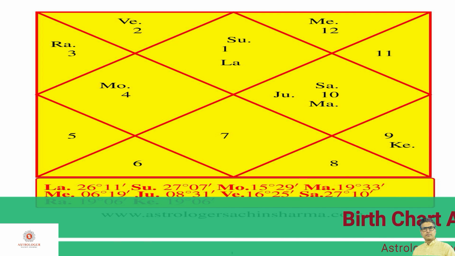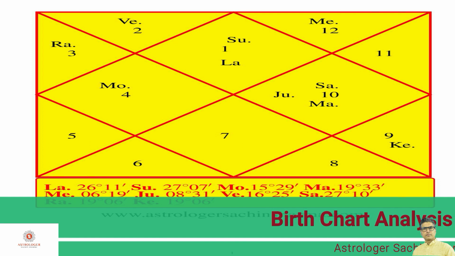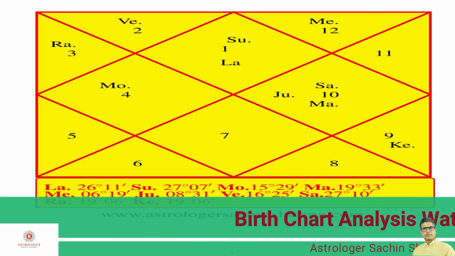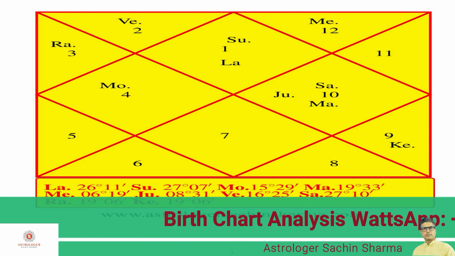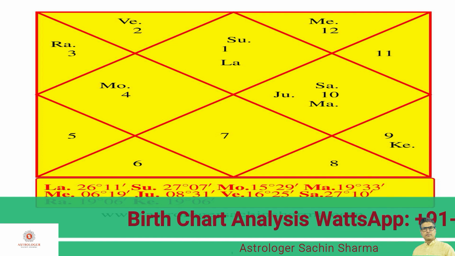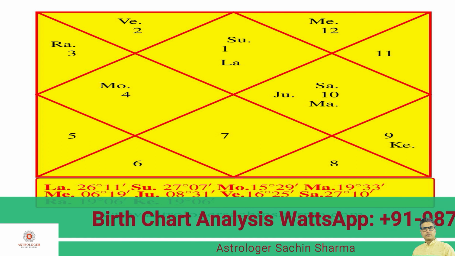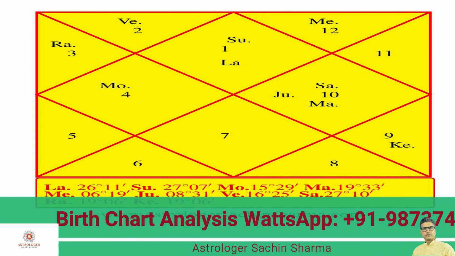ME stands for Mercury, and Mercury degree is very less, that is 6 degrees 19 minutes. Therefore Mercury is in childhood stage and will be giving 50% or 40% result in this particular birth chart during its Mahadasha and Antardasha period.